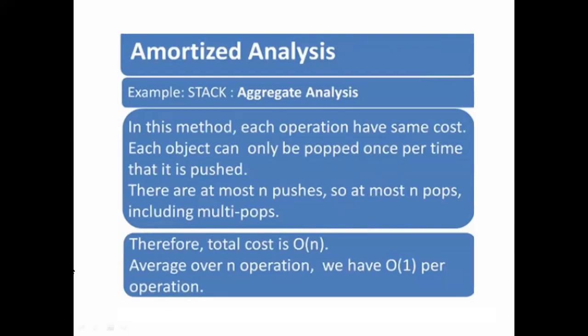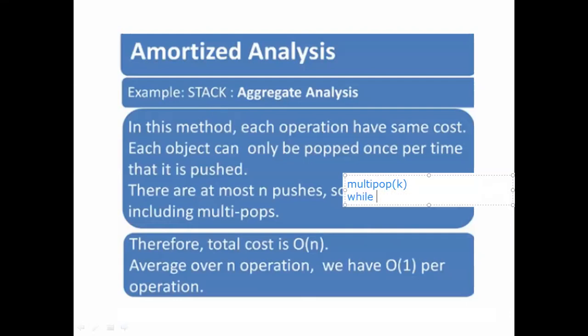For this I am writing the pseudocode for the minimum of the pop operation. See here, I am using multi-pop by k, where k is the number of elements to be deleted.